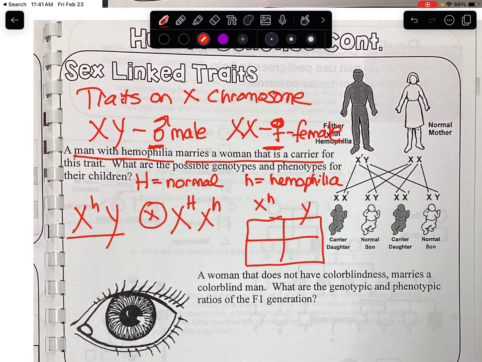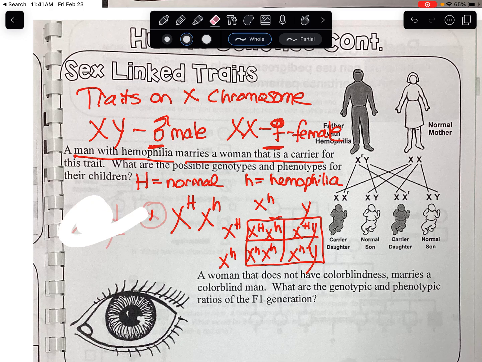So I'm going to put him up here, and I'm going to put her over here. And then when we tally up what we got, I'm running out of room, so I'm going to erase this.